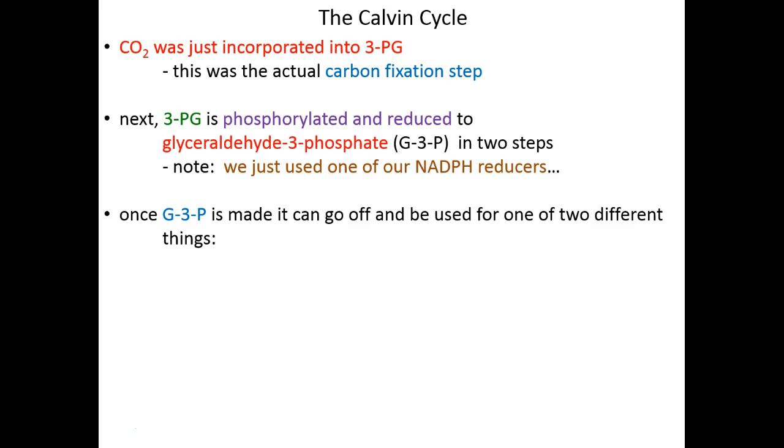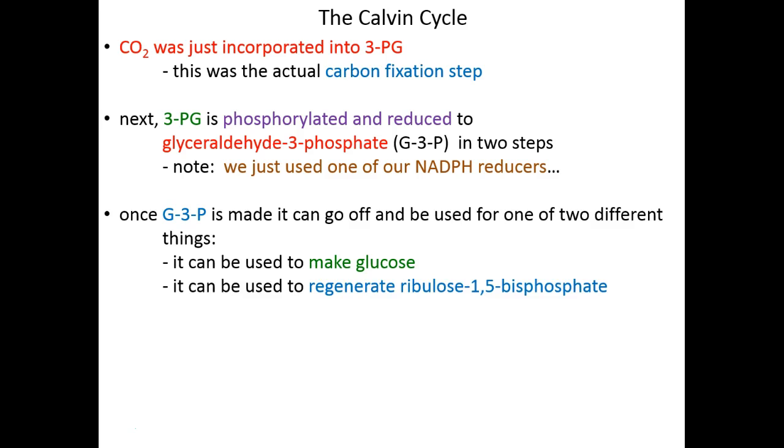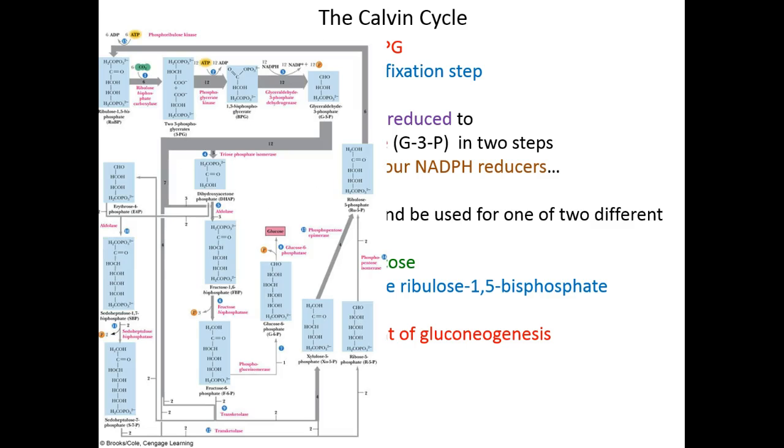Once GAP is made, it can go off and be used to do one of 2 very different and important things for the plant. It can be used to make glucose, or it can be used to help regenerate ribulose 1,5-bisphosphate. We will follow the glucose pathway first, and the rest of it will be very familiar to you. You'll have seen these reactions before. You can even see them here on the diagram.